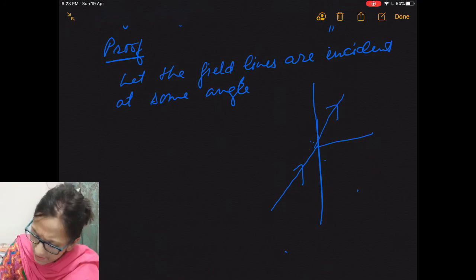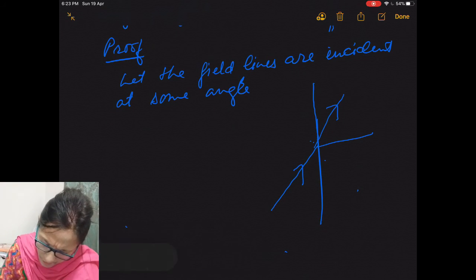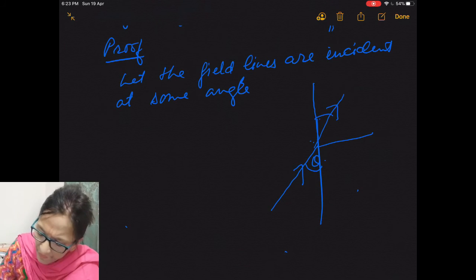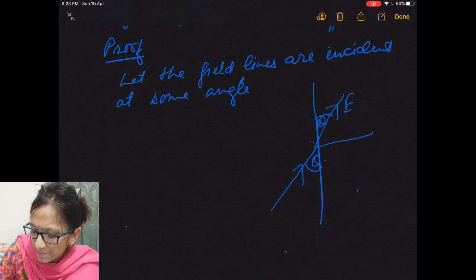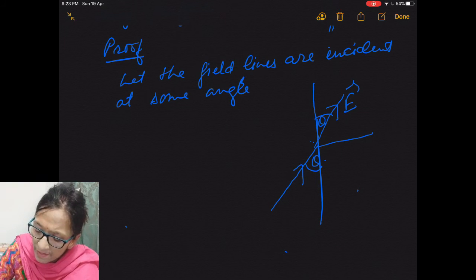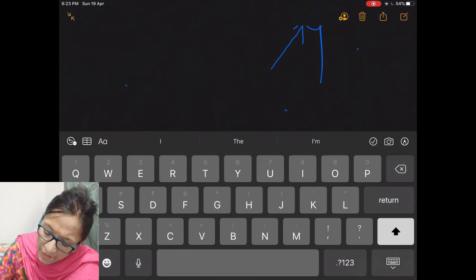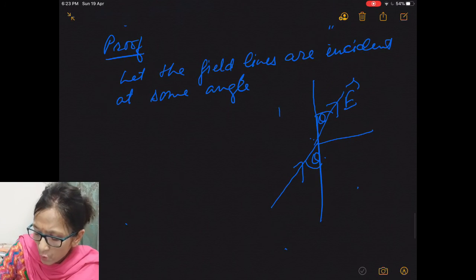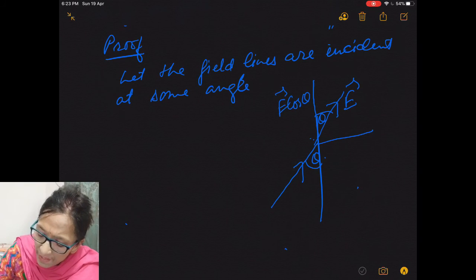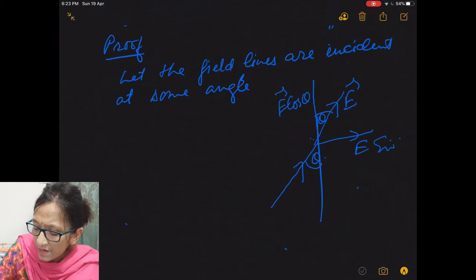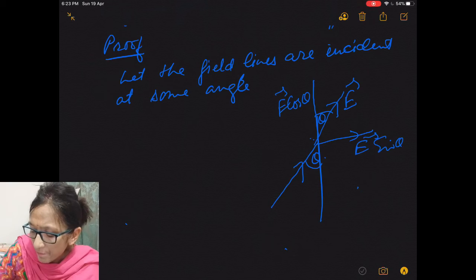Okay, let me take theta here. Suppose the angle here is theta. And if the electric field is E, then its component parallel to the surface will be E cos theta, and the component normal to the surface will be E sin theta.